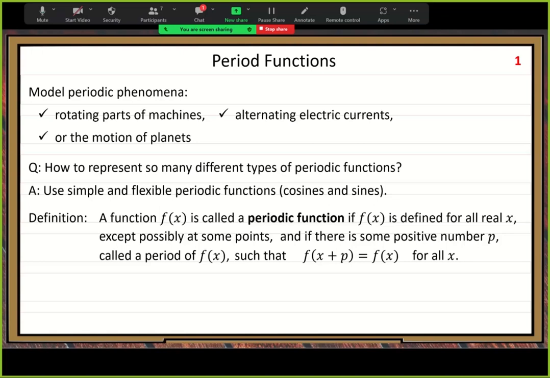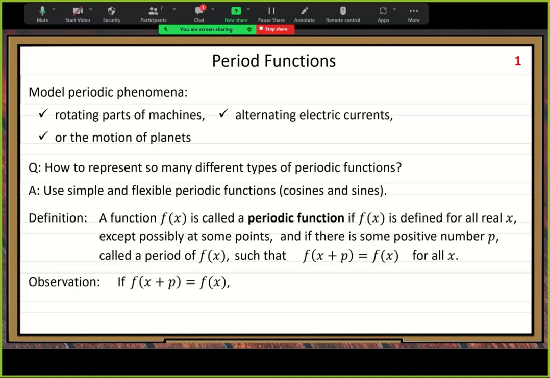Some points may not be defined, the breaking points, and we do not consider those undefined points. So for all points in the domain, we have this formula.